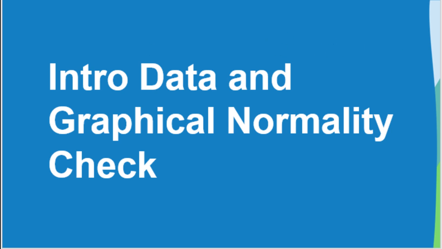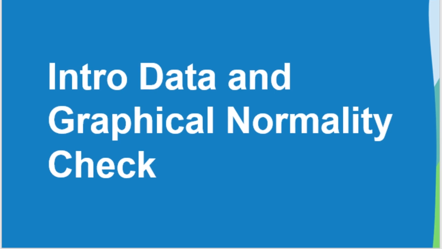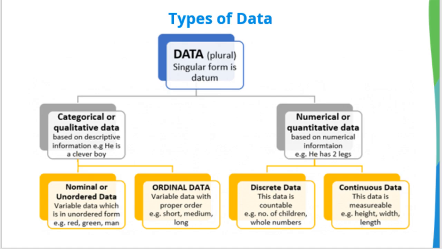I want to start by looking at the type of data. We have different types of data. From this chart, you can see that we have categorical and numerical data.